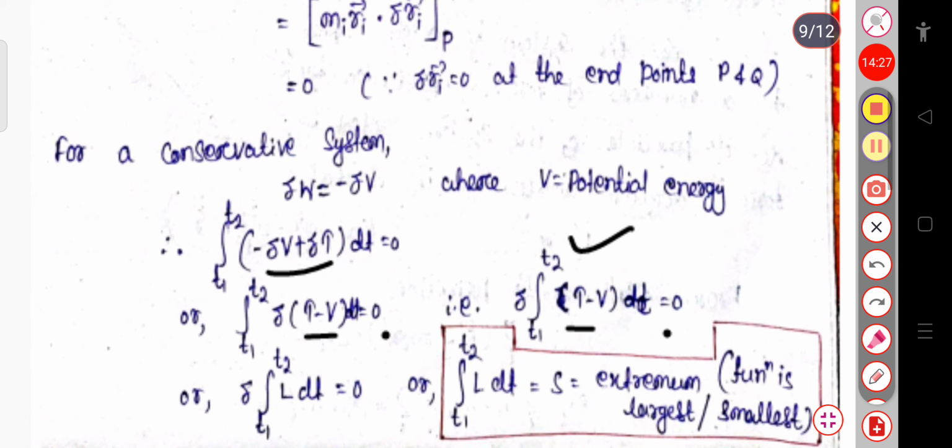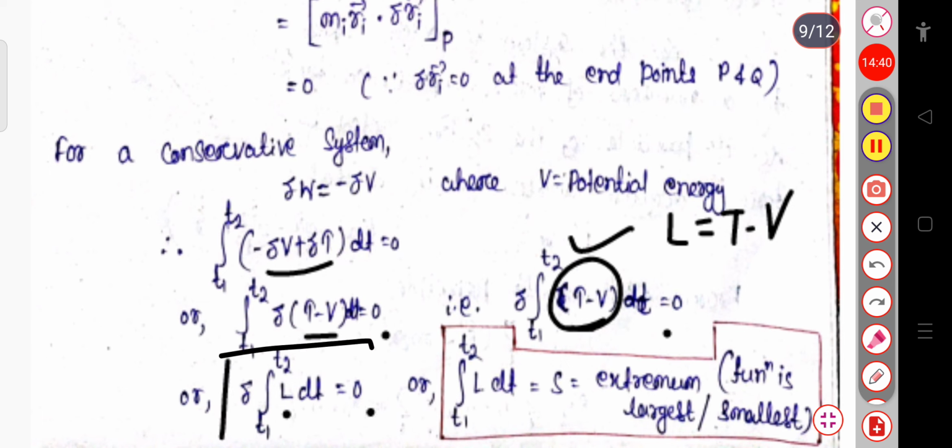And you know the Lagrangian L equals T minus V, so in place of T minus V I can simply write L. So the integration of L dt from t1 to t2 equals 0. Or since this integration value goes to 0, it is equal to some value, that is your S, the extremum value, meaning the function may be the smallest one or the largest one.